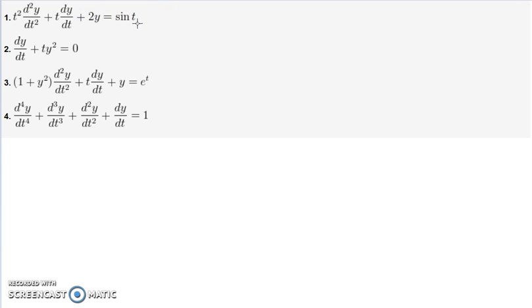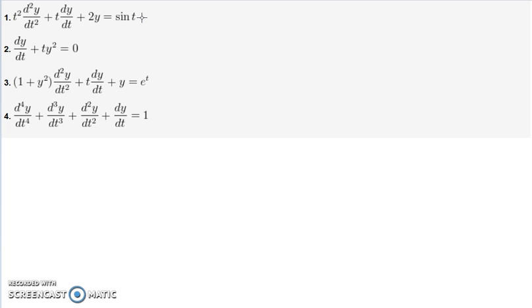Sine itself is not a linear function, so you might assume that this would make the equation nonlinear. That would be incorrect reasoning here because the sine function does not apply to the dependent variable y. It's acting on t, which is the independent variable, not the dependent variable, which means that this equation is going to be linear.